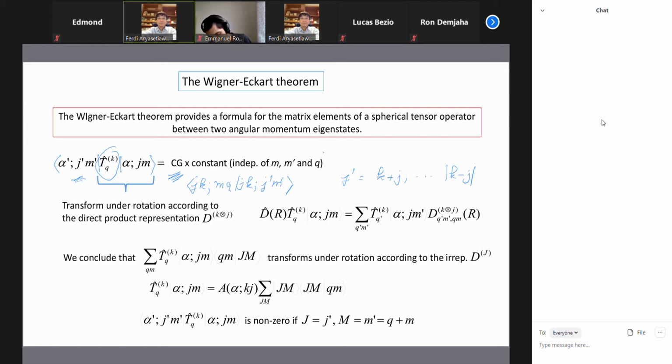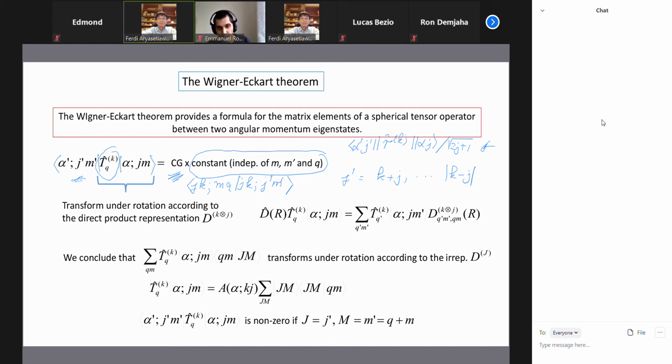And in addition, we also have some constant. It is written in a kind of funny way, with a double bar, an operator we label k, and then divided by the square root of 2j plus 1. This is just a constant, so we don't need to worry about this notation. It basically depends on alpha prime, j prime, alpha, j, and k, but does not depend on m, m prime, and q.